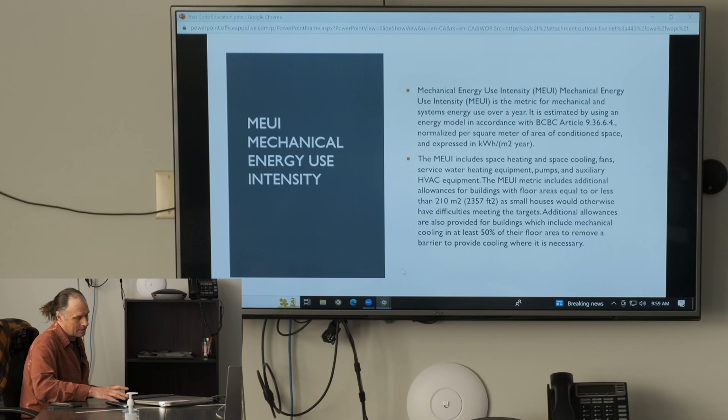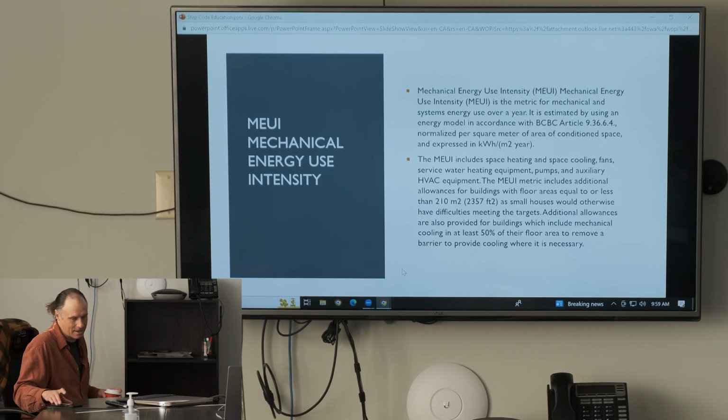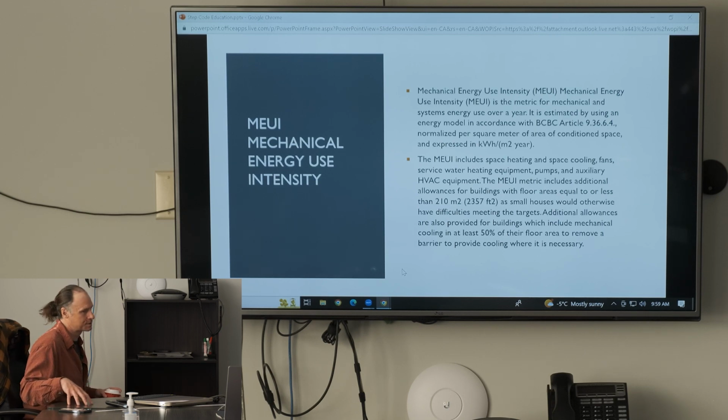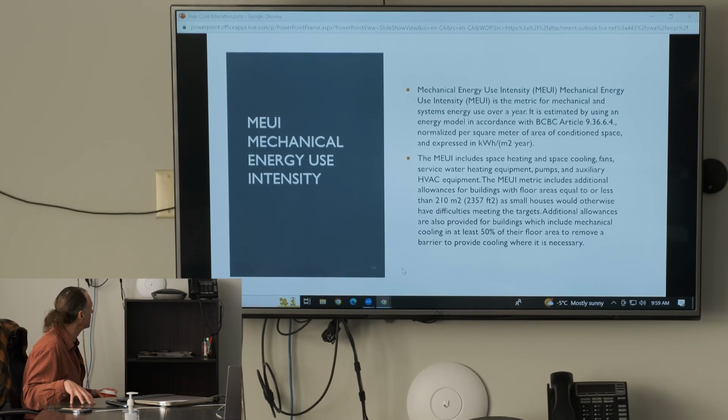So here are a few of the things that are used to reach certain steps. When an energy modeler is modeling the house on the energy software, they're going to look at mechanical energy use intensity. That's one of the metrics. So MEUI is the metric for mechanical and systems energy use over a year.